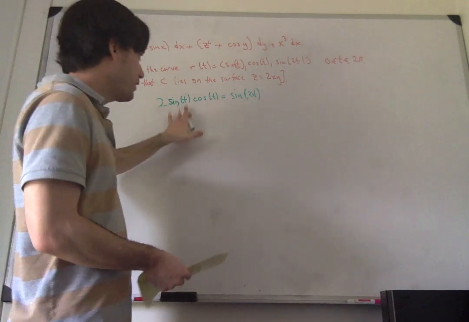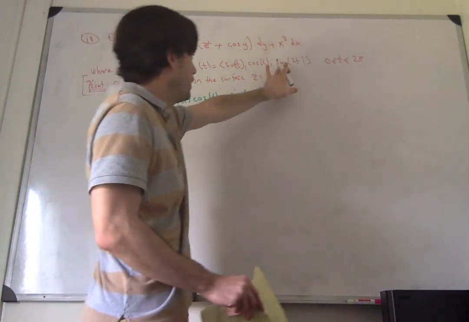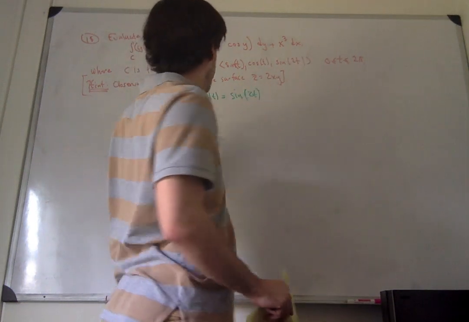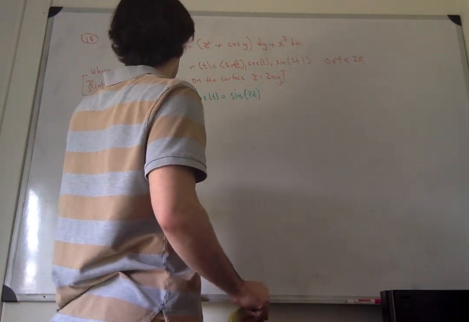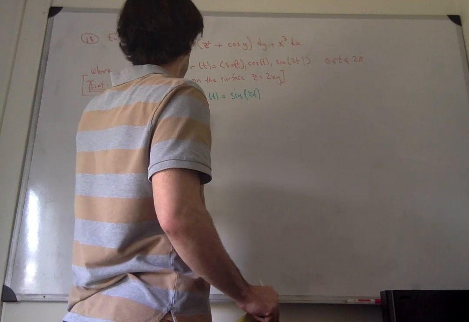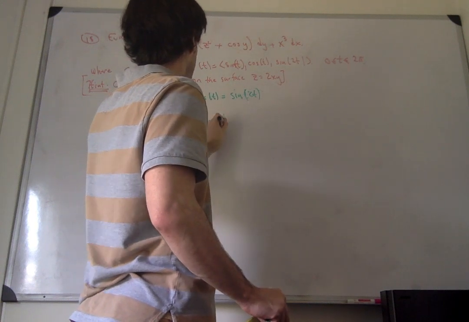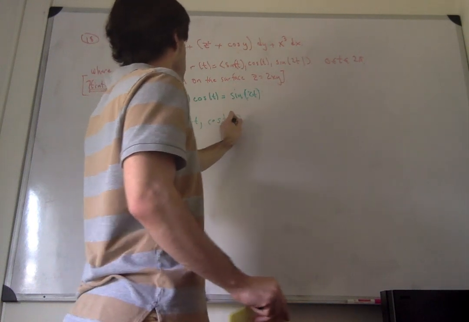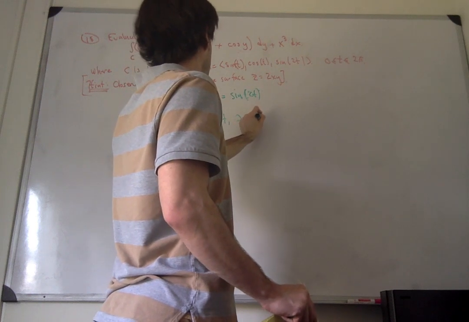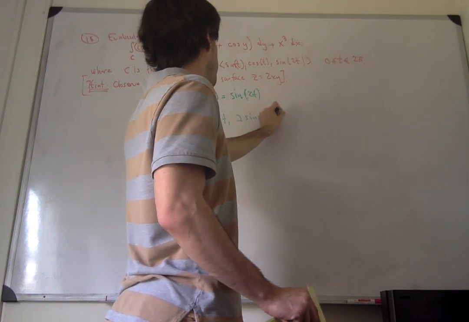Okay, so if that's the case, then this r of t is equal to sine of t, cosine of t, and then 2 sine of t cosine of t.